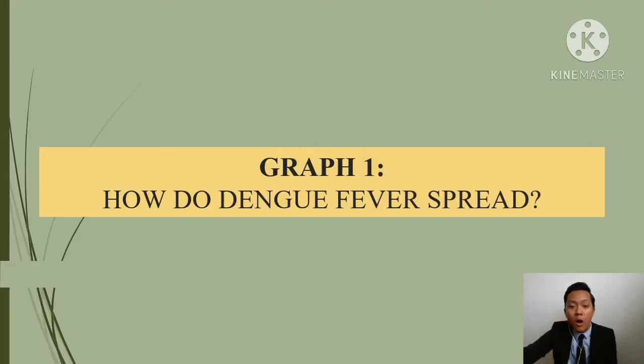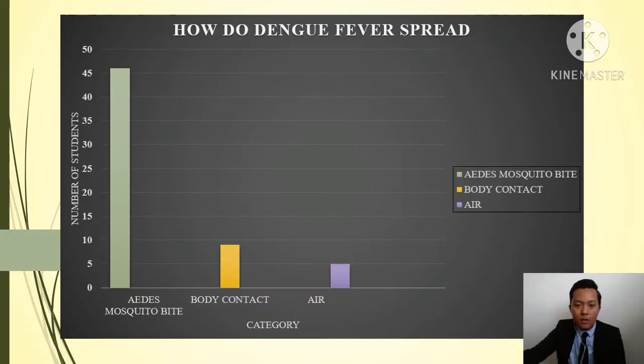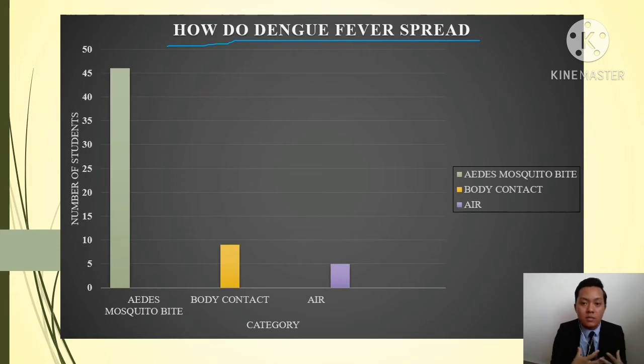Graph 1. How does dengue fever spread? From the bar graph shown, the title is How does dengue fever spread? This survey shows the data that we collected from 60 students from Polytechnic Sultan Idris Shah.